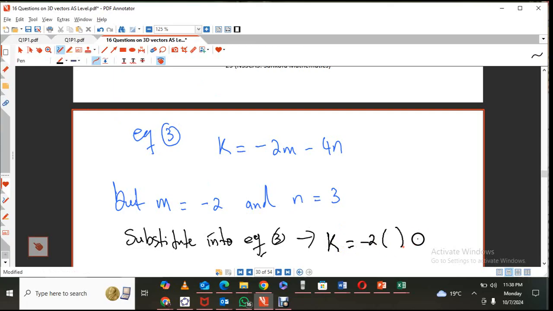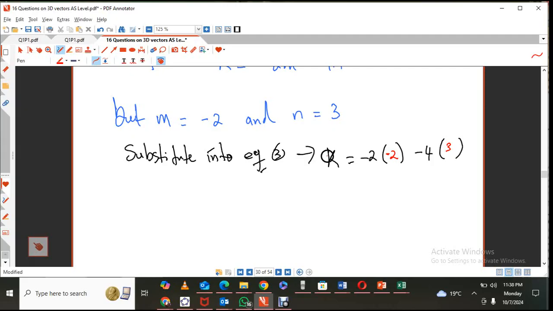Minus 2 minus 4. Just go ahead and substitute those values. m is minus 2 and n is 3. If you were to work these out, you get that k equals 4 minus 12, which is minus 8.